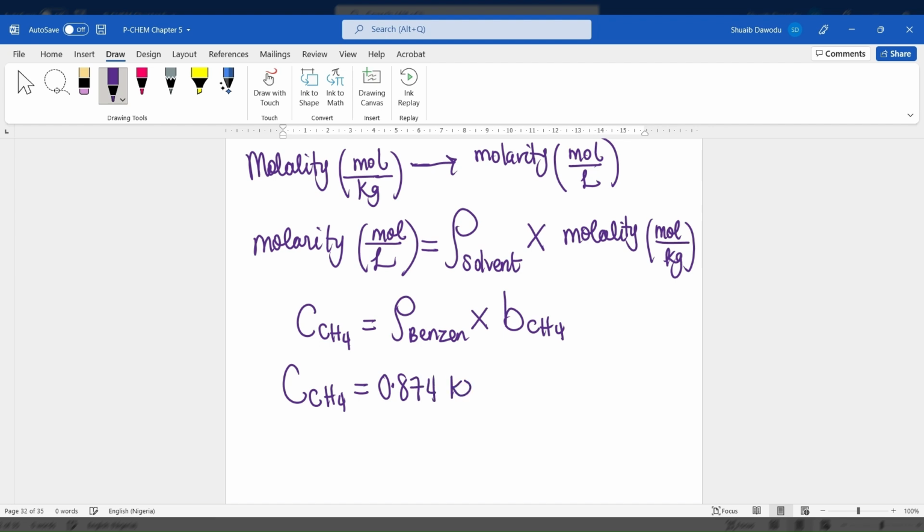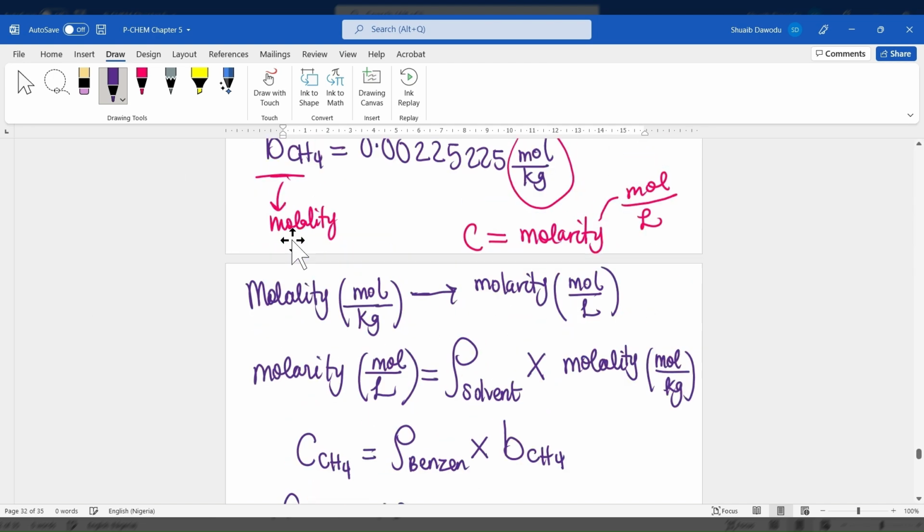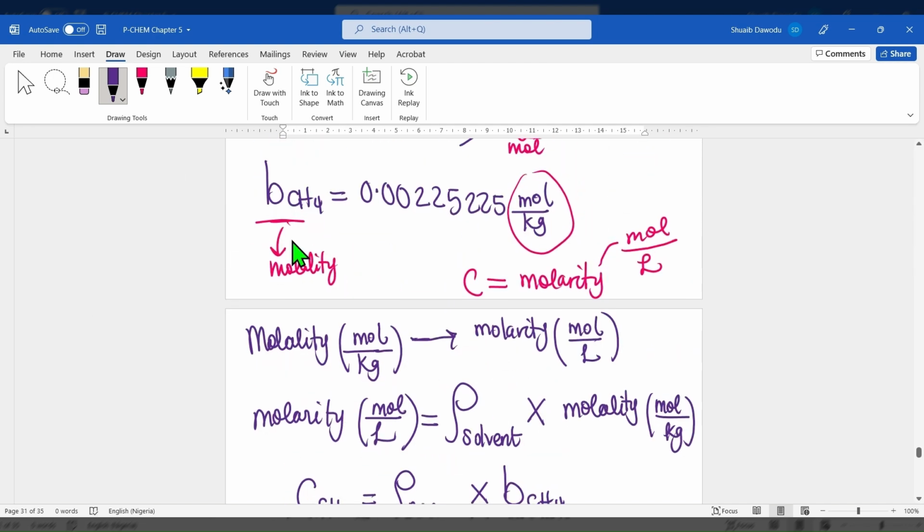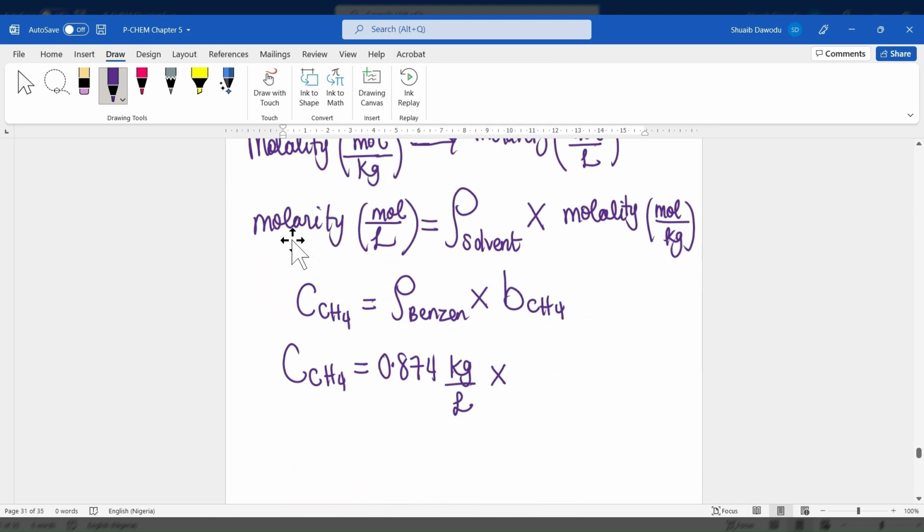0.874 kilogram per liter, multiplied by the value of the molality which we solved for, 0.00225 mole per kilogram. So yeah, that's it. Of course, we cancel out the kilogram here and the kilogram here in the denominator.